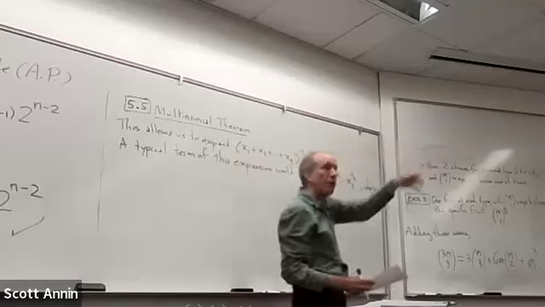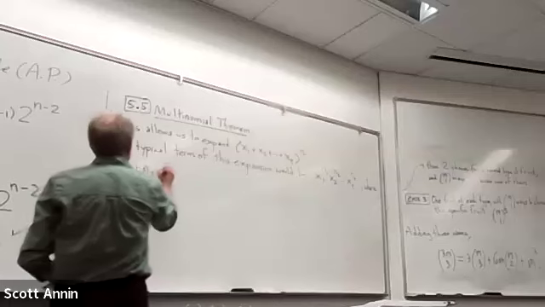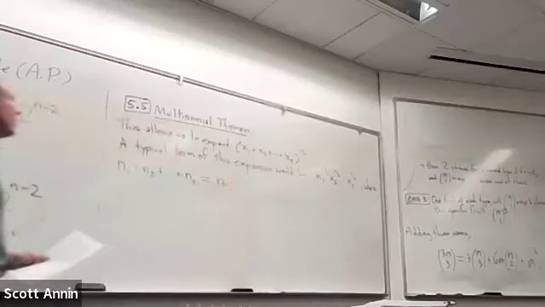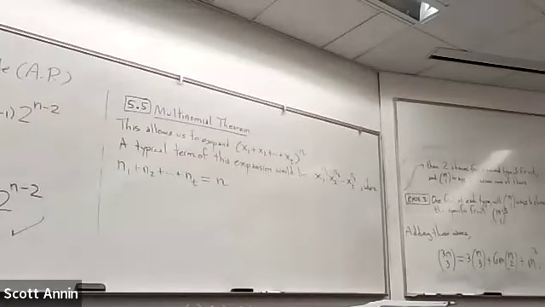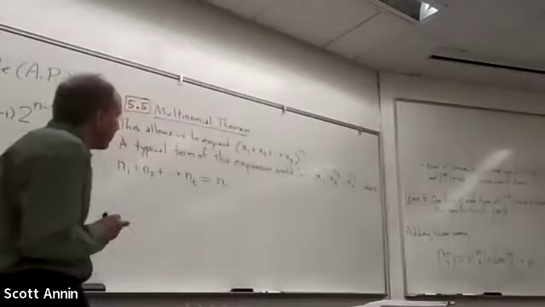So that's a total of n terms. And so n1 plus n2 plus dot dot dot up to nt needs to add up to whatever this fixed value of n turns out to be, right? Okay, so that's the idea here.